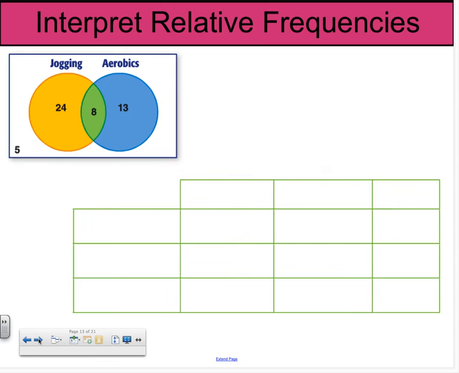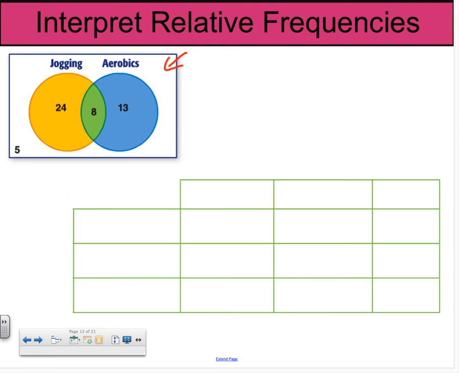The next way we're going to do this is a two-way table by row. But they haven't given us as much help. All of our data is going to be in this Venn diagram here. But let's set up our data. We've got people who jog and people who do aerobics. So there's going to be people who jog and people who don't jog, and people who do aerobics and people who don't do aerobics.